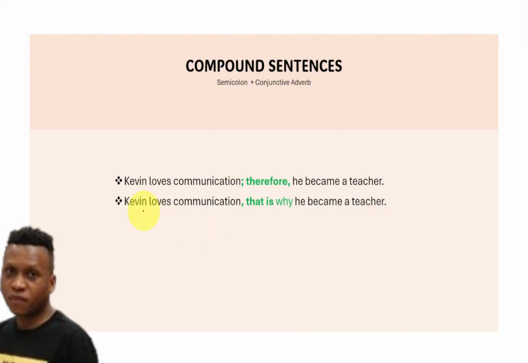You can also say Kevin loves communication, comma, that's why he became a teacher. So here is the semicolon. This is the one. Now, therefore, this one is this part.